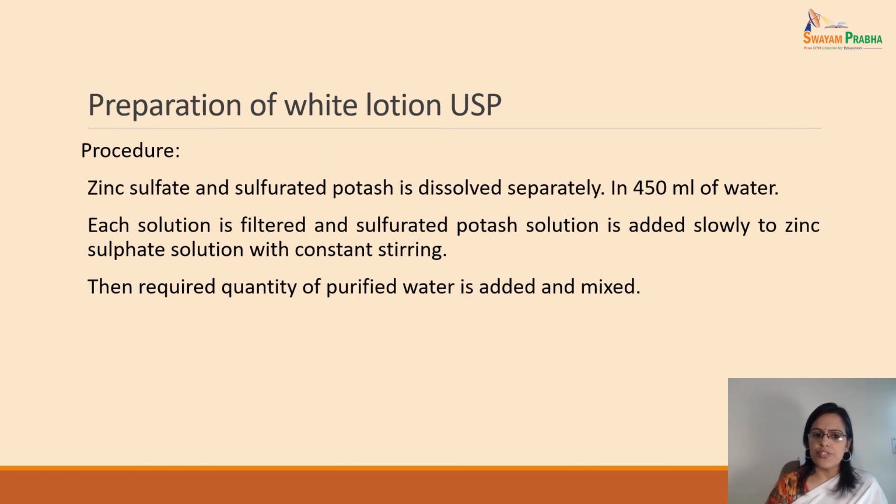What is the procedure? Zinc sulfate and sulfurated potash are dissolved separately in 450 ml of water. Each solution is filtered and the sulfurated potash solution is added slowly to the zinc sulfate solution with constant stirring, and then the required quantity of purified water is added and mixed.